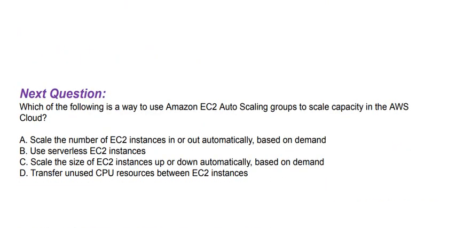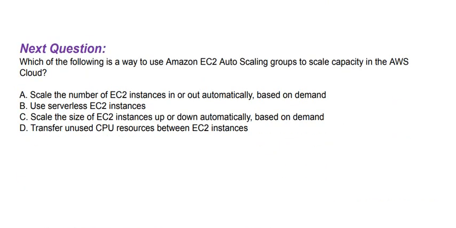Next question is, which of the following is a way to use Amazon EC2 Auto Scaling groups to scale capacity in the AWS cloud? Option A, scale the number of EC2 instances in or out automatically based on demand. Option B, use serverless EC2 instances.